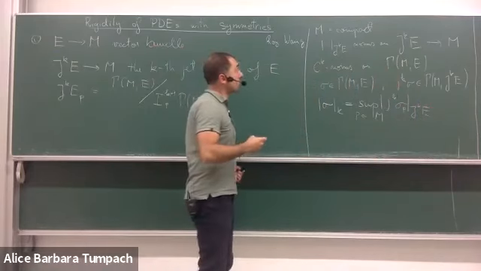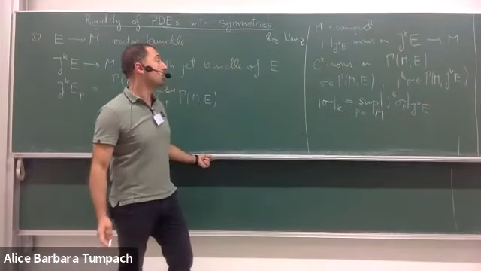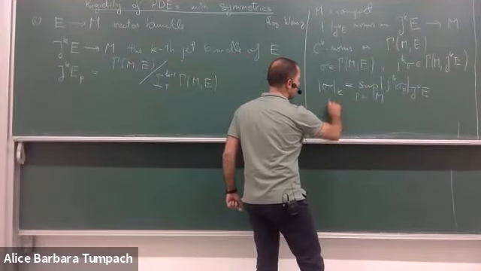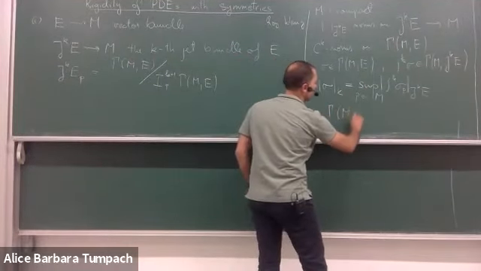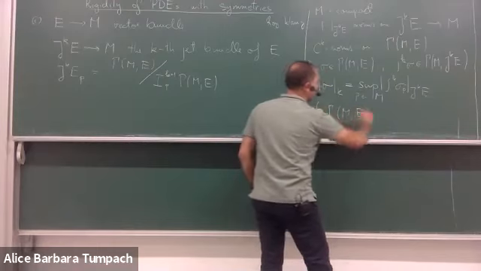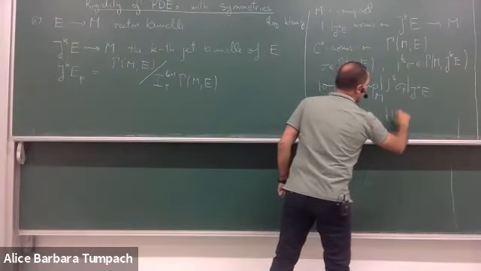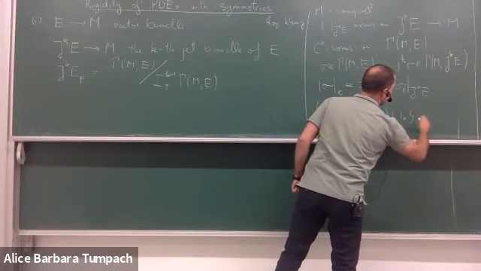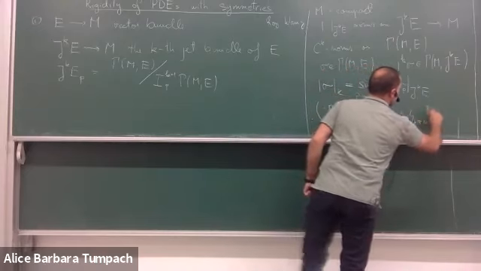Then if you put all this together, if M is compact, you obtain a Fréchet space: the space of all sections of E together with all these norms.